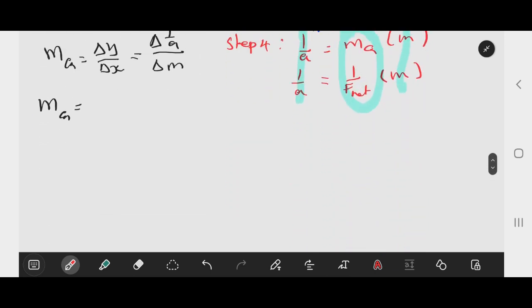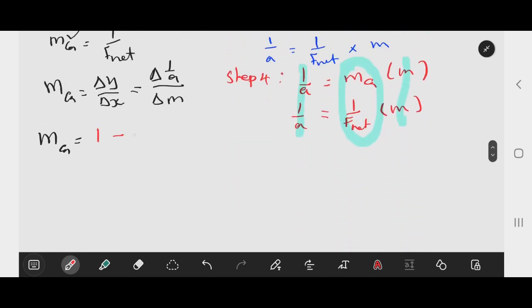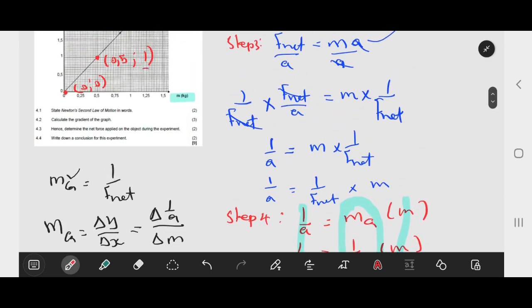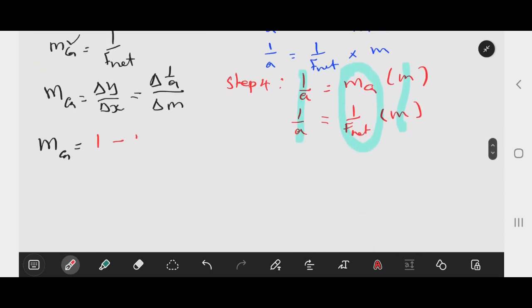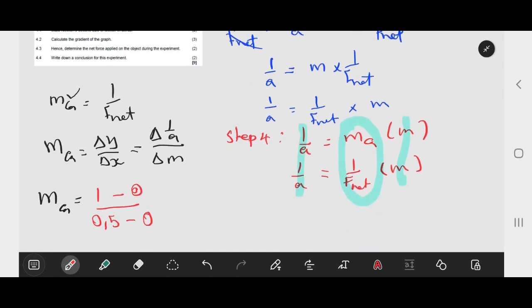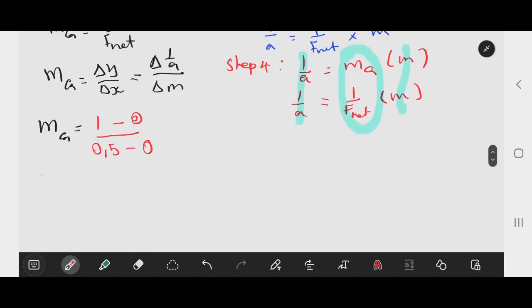So that would be 1 minus 0 over 0.5 minus 0, and that would give us a gradient of 2.